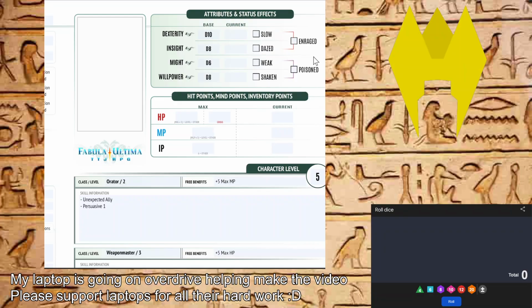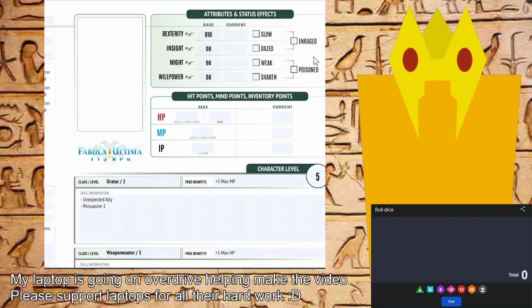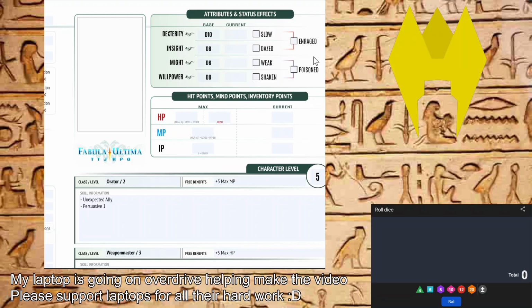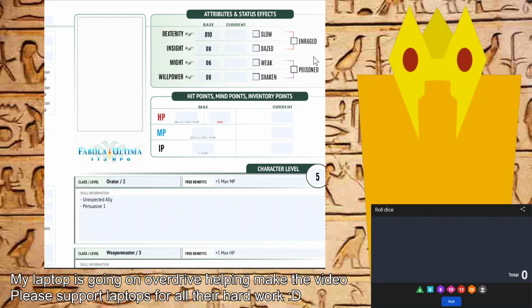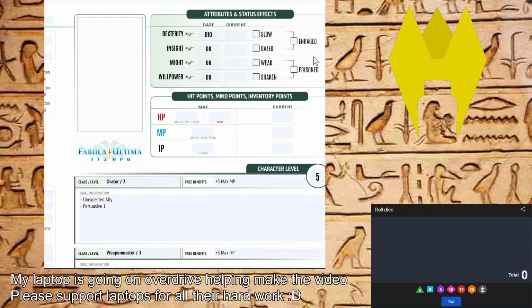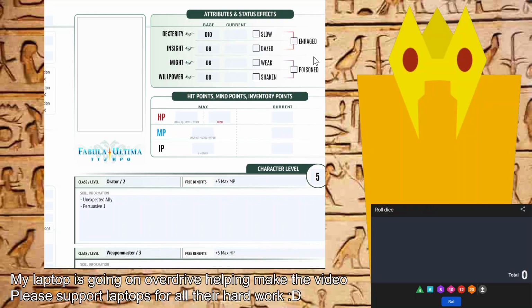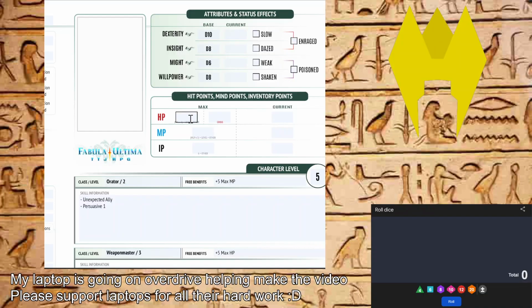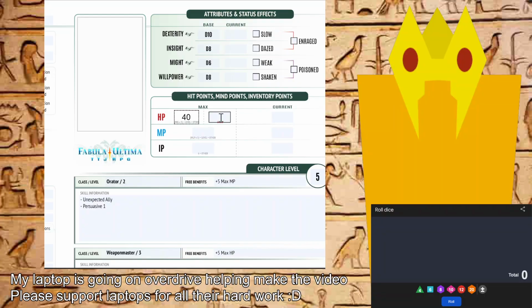So, with those done, we got to do some other math, right? Working out our hit points, it is our level plus 5 times our might die size plus whatever bonuses we get from other things, which in this case gives us 40 as our hit points, and our crisis is half that, which is a 20.